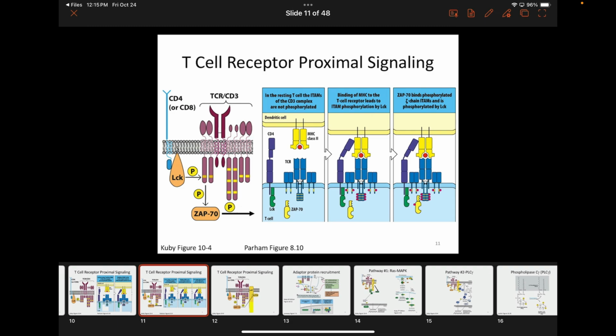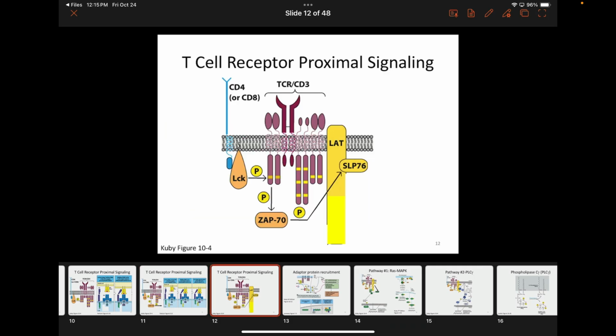And in the next step of this process, a few things start to change. Once we have phosphorylated ZAP70, that provides binding sites for 2 more partners. Their names are LAT and SLP76.